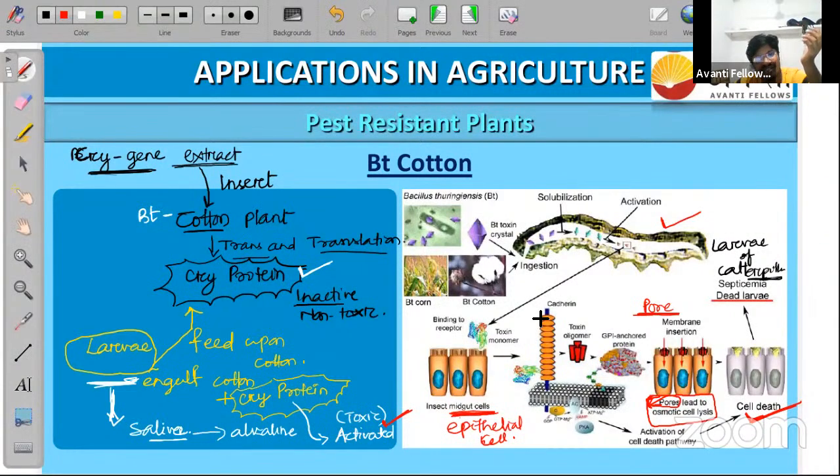Plasmid की मदद से या फिर any other things की मदद से कर सकते हैं. ठीक है, ओके. हाँ, gene gun की मदद से, gene gun, this is plant, so we can apply like gene gun, we can use gene gun.